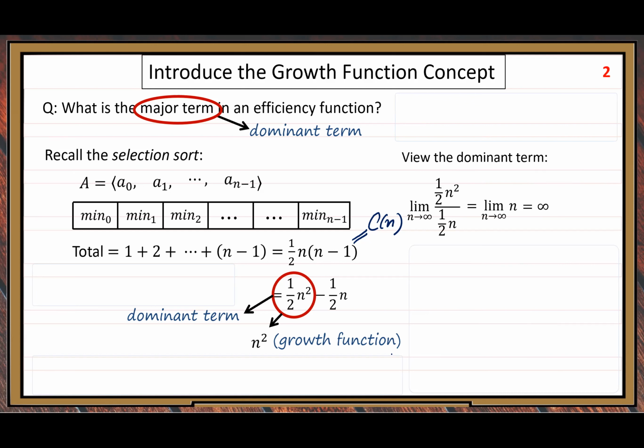When we compare two algorithms, how do we do it? After our simplification, we just compare their corresponding growth functions. That's enough. By comparing their growth functions, we can see which one is faster and which one is slower. That's the idea.